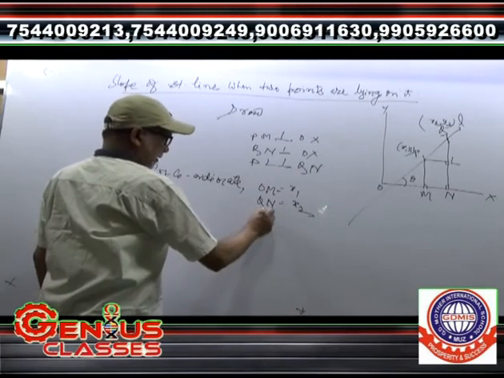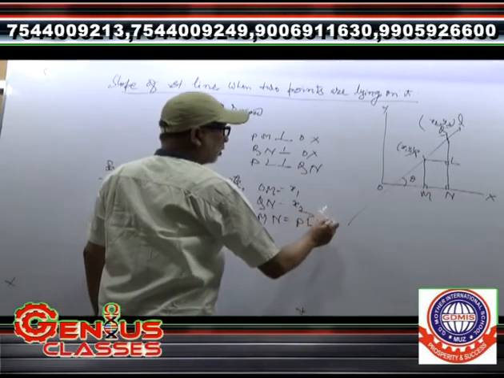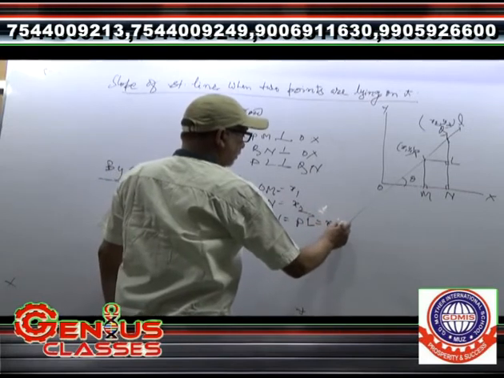Therefore, MN is equal to PL is equal to x2 minus x1.